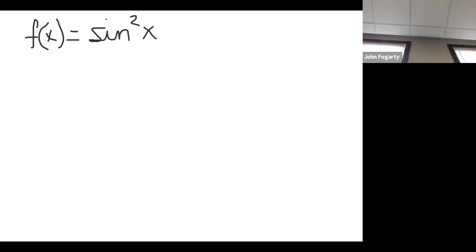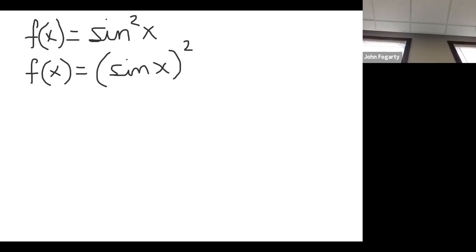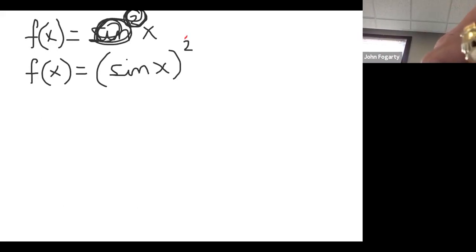So this is really the same as f of x equals the sine of x squared, right? Those two things are exactly the same. So I got two different functions going on. I'm squaring something and I'm finding the sine of something, right? So I'm going to do the outer one first.